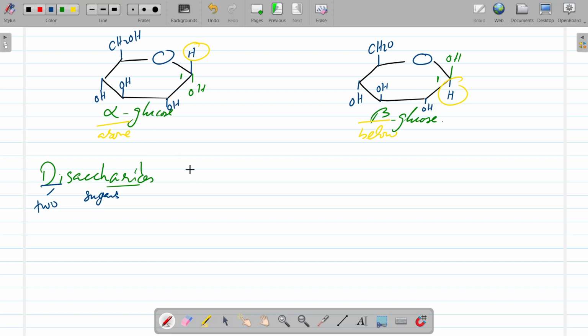So disaccharides are formed when two monosaccharide molecules bond together.